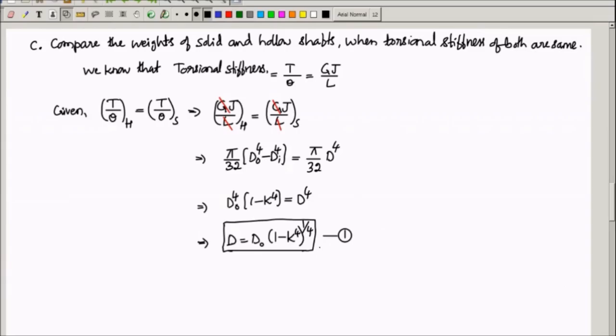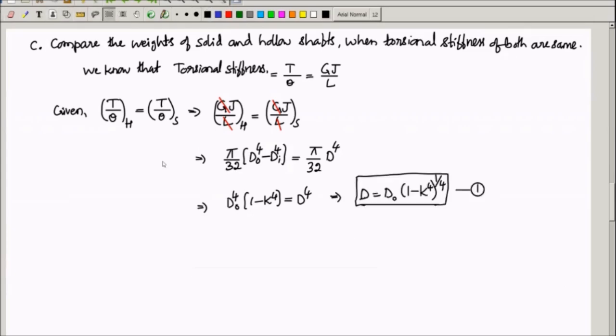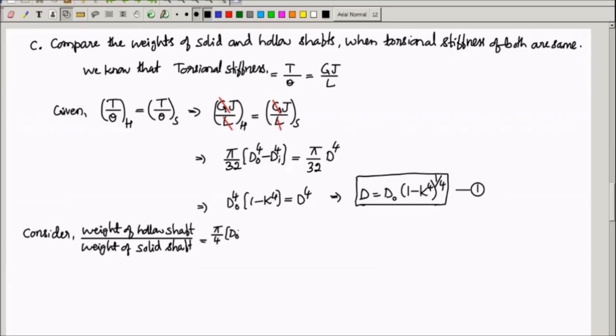Now we have a relationship between the diameters of the solid and hollow shaft based on equal torsional stiffness. Now let us consider the ratio of weights: weight of hollow shaft and weight of solid shaft. You know that weight of a shaft is nothing but the volume times density times g. Volume of hollow shaft is pi by 4 into (d naught square minus di square) into length of hollow shaft, into density of hollow shaft into g, divided by, for the solid shaft, pi by 4 d square into Ls into rho s into g.